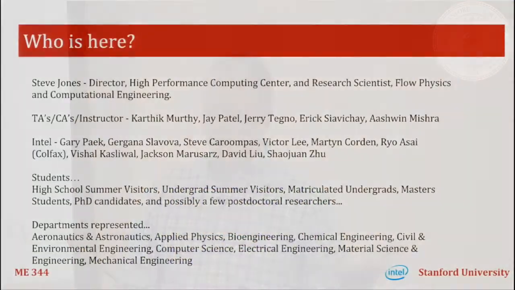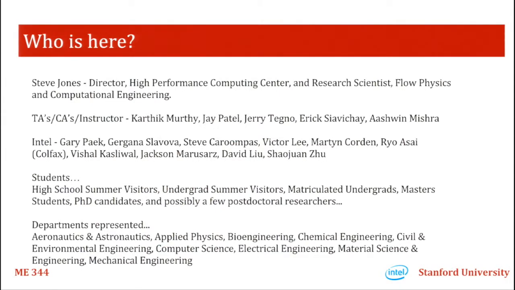I think auditing is not allowed during the summer session for undergrads, but some of the postdoctoral researchers are here as well. There are also people here from quite a number of departments on campus: aeroastro, physics, bio, chemistry, and others, computer science, EE. So we have quite a mix of people in the room.